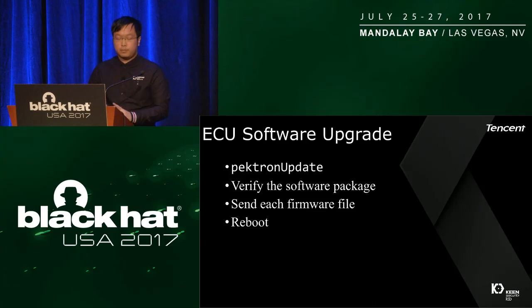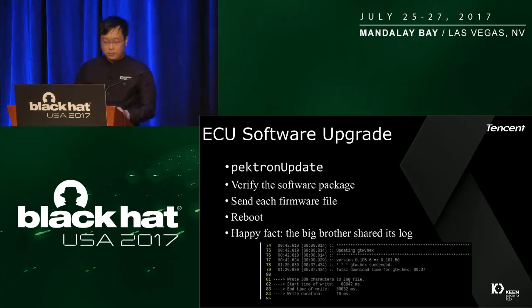When they are sent, the gateway will reboot. However, for gtw.hex, the firmware of the gateway, it will not send. It actually just unlocks the flash area because it's on the same chip, writes the content directly, and then reboots.